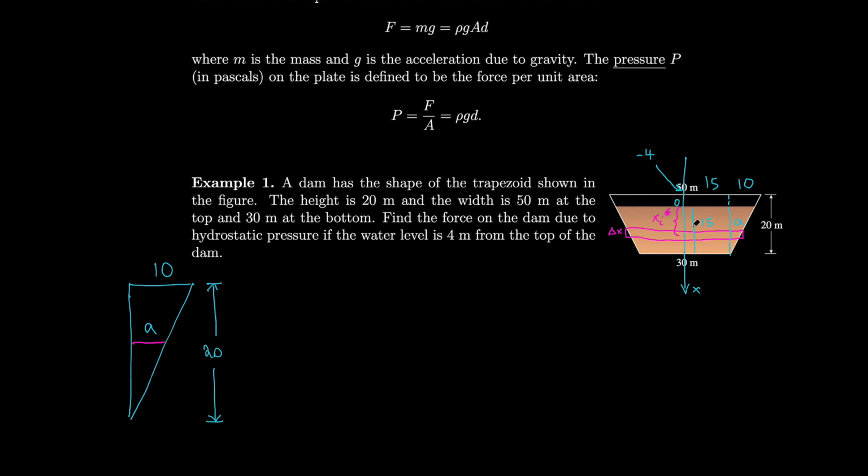So the water just goes down 16 meters deep. So that means that if I look from xi star, which starts at 0, all the way to wherever the bottom is, then that would be a total of 16. So if I want to figure out what it is just below xi star, that'll be 16 minus xi star.